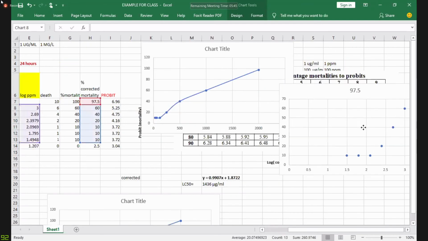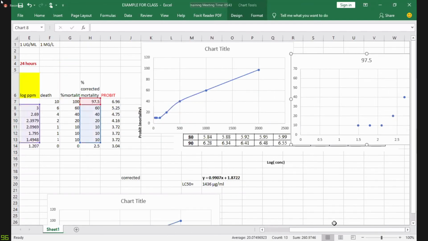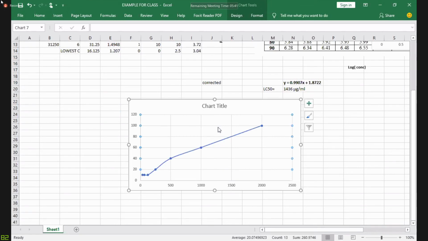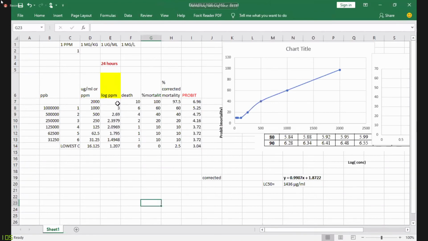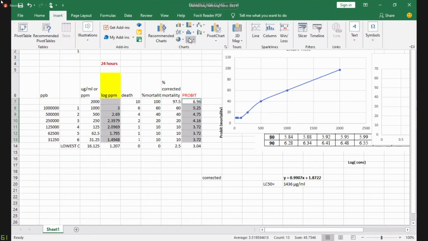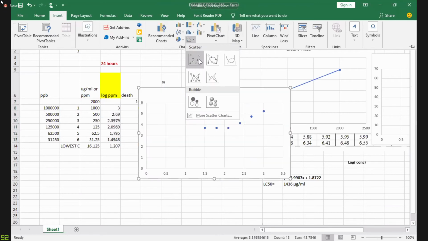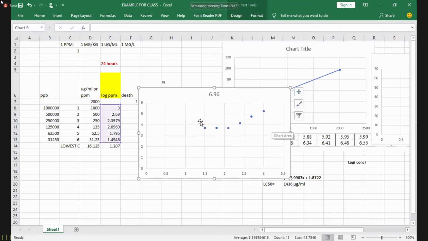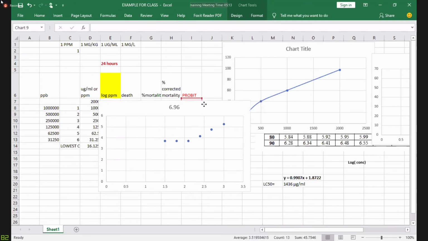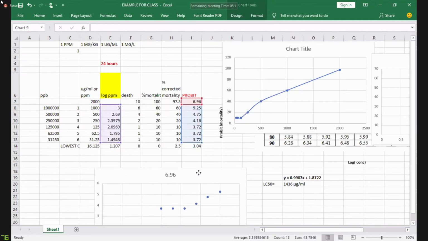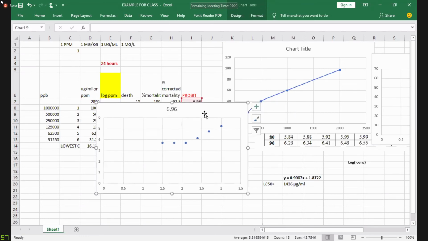But the main thing to be statistically accepted is by plotting log concentration versus probit. Insert. This is the one. Versus probit.